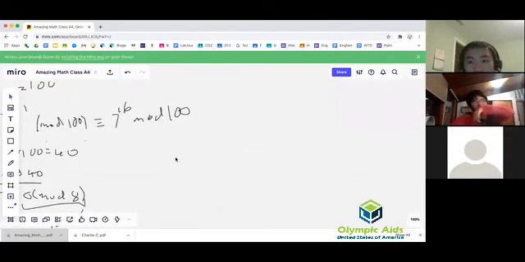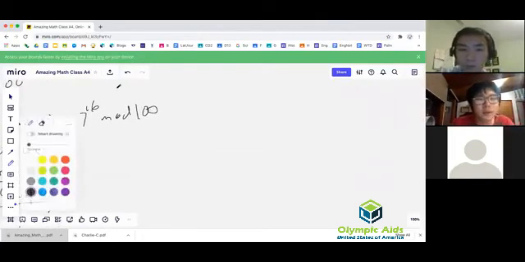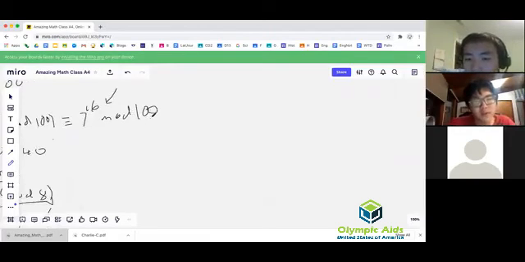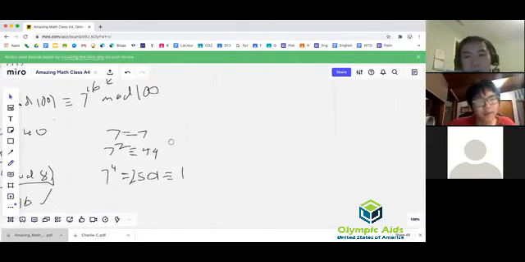With 7 to the 16, since 16 is a power of 2 and relatively small, it's really easy to compute things to the power of 16 mod things. So 7 is 7, 7 squared is 49, 7 to the 4th is, I think, this, so it's equivalent to 1.